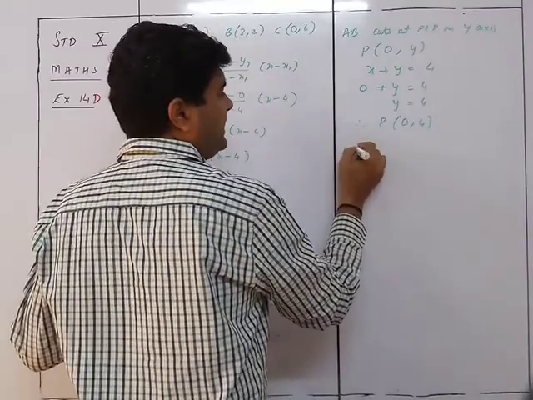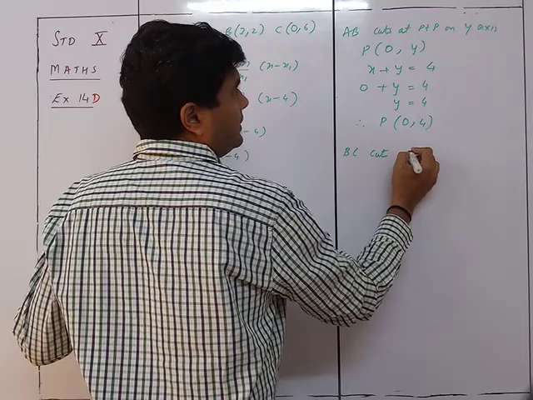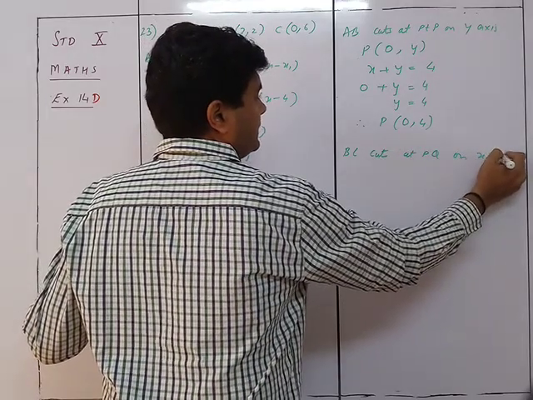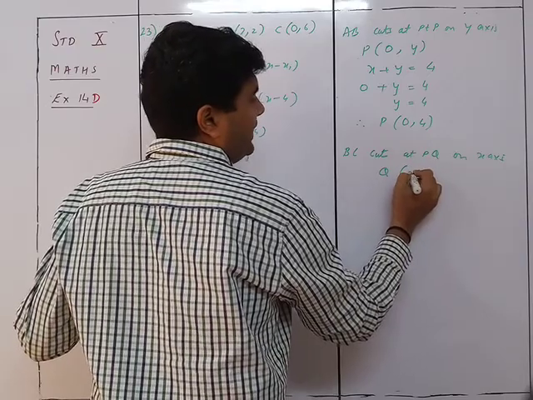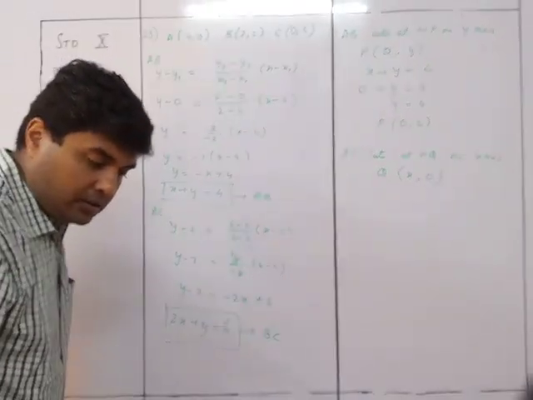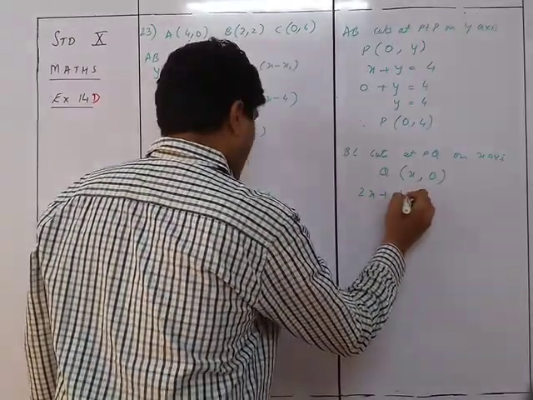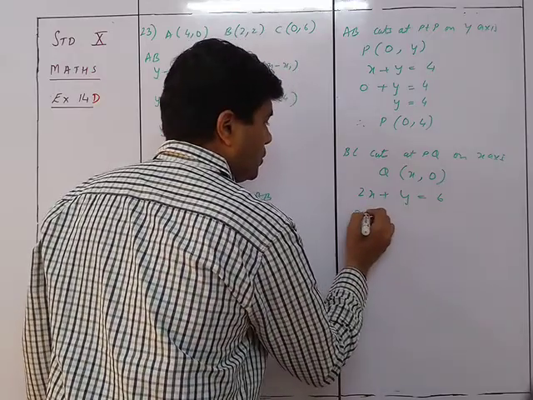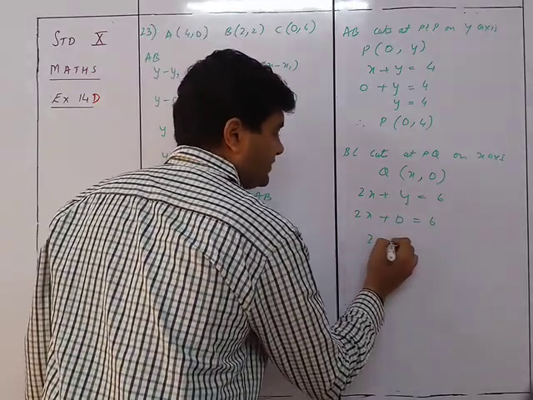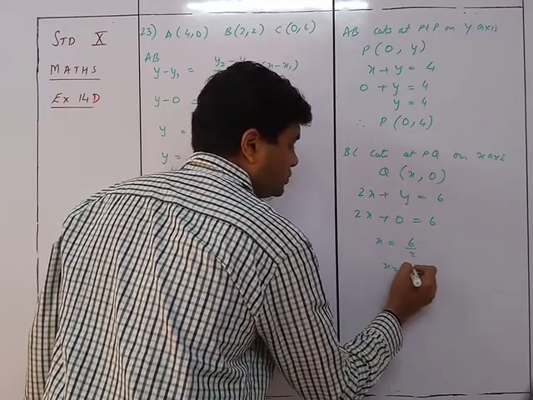Next, BC cuts at point Q on the x-axis. Therefore, Q is x comma 0. So we have the equation 2x plus y is equal to 6. 2x plus 0 is equal to 6, so 2x is equal to 6, or x is equal to 6 upon 2. x is equal to 3.